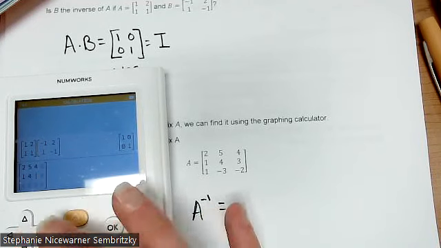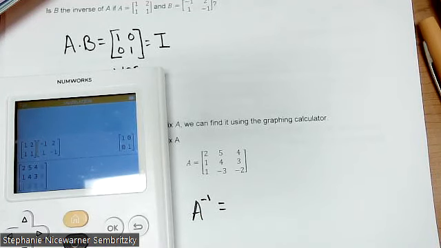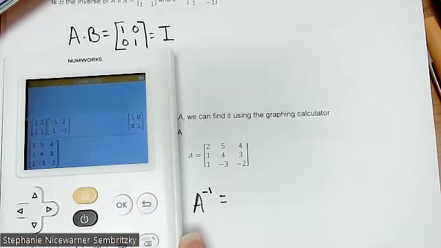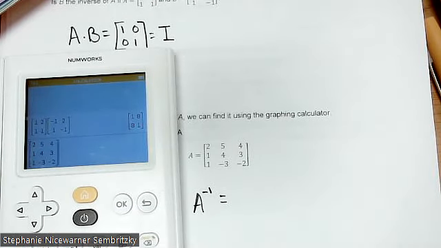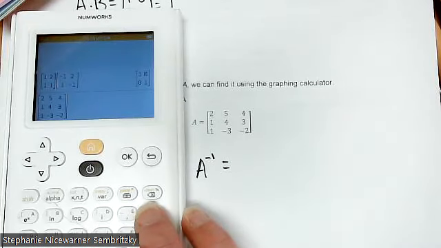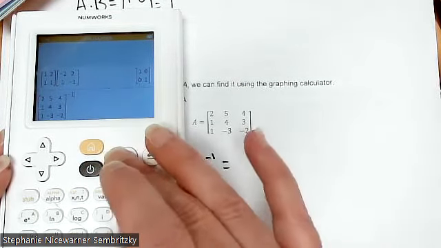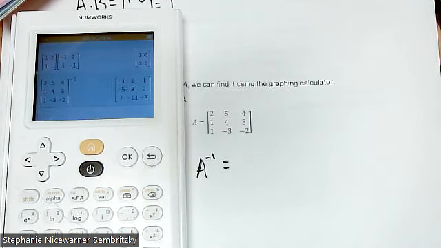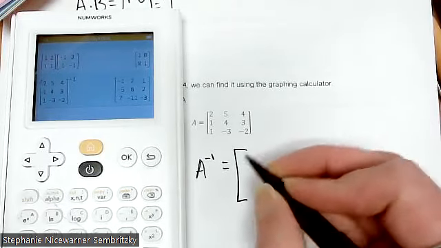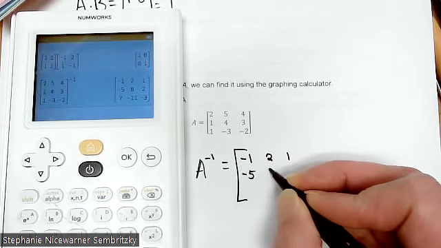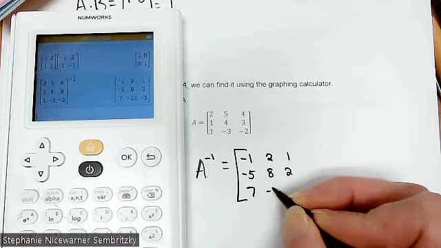As long as it's a square matrix, the calculator can find that. This is finding the inverse matrix. And it's giving me a brand new matrix that is indeed its inverse. It would undo that matrix.